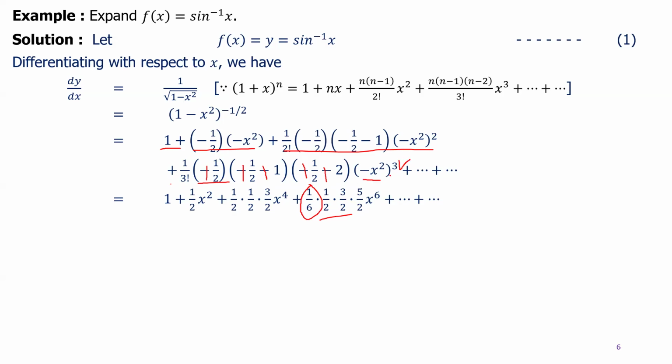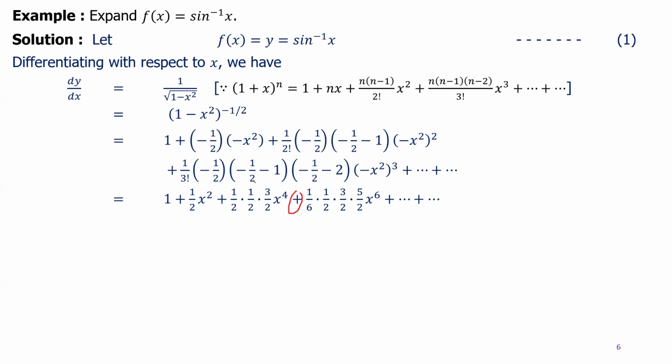So if we multiply negative numbers, minus x into minus x into minus x, any negative number up to 4 terms, we get the positive value. So now it is written positive.